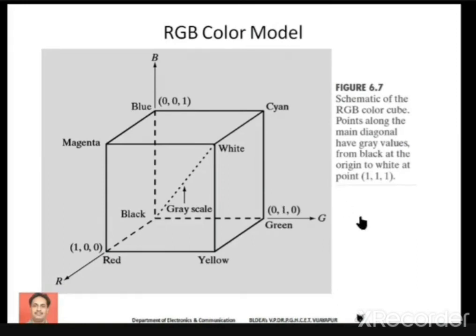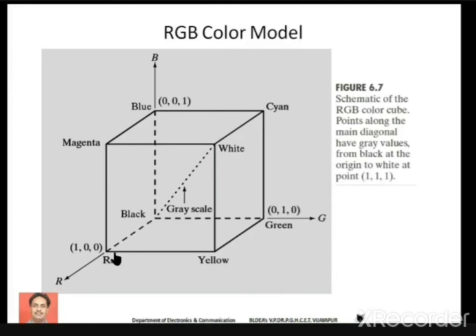Okay, the RGB color model is represented using the Cartesian coordinate system. The three corners of the cube are indicated by red, green, and blue. The other three corners of the cube are magenta, cyan, and yellow. And remember, the black color is situated at the origin, and the farthest point indicates white.